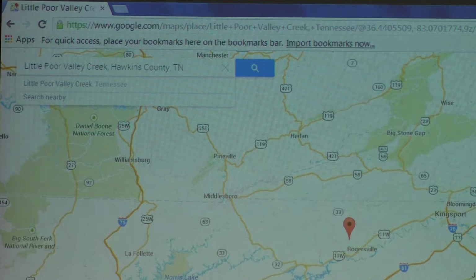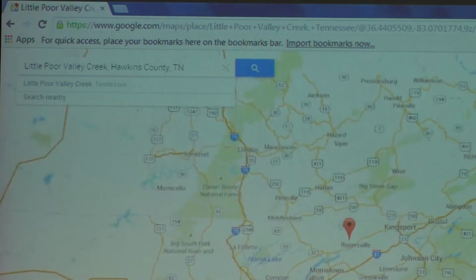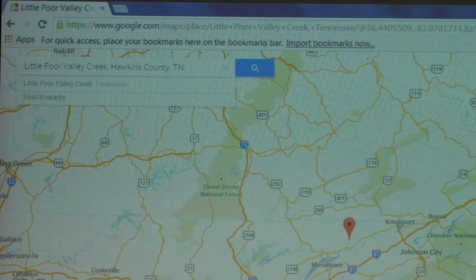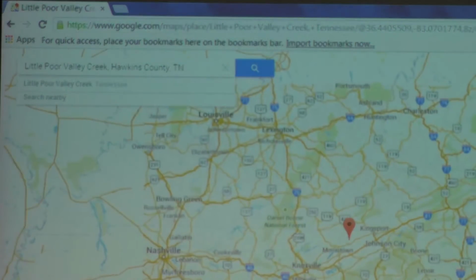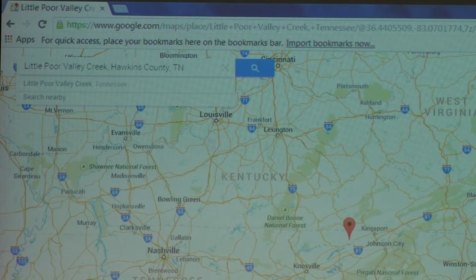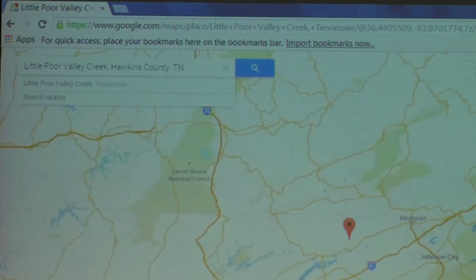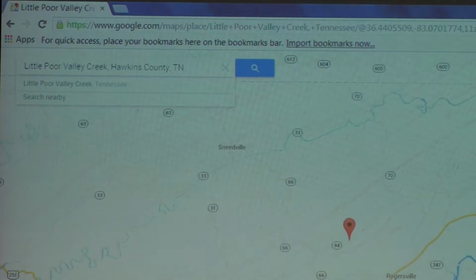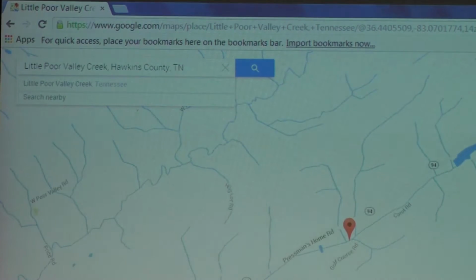Okay. So we have that running in, let's keep going, and we can probably see a state line here. We're right on the state line, almost exactly on the state line. Okay. And if we want to come in and see what we're dealing with.